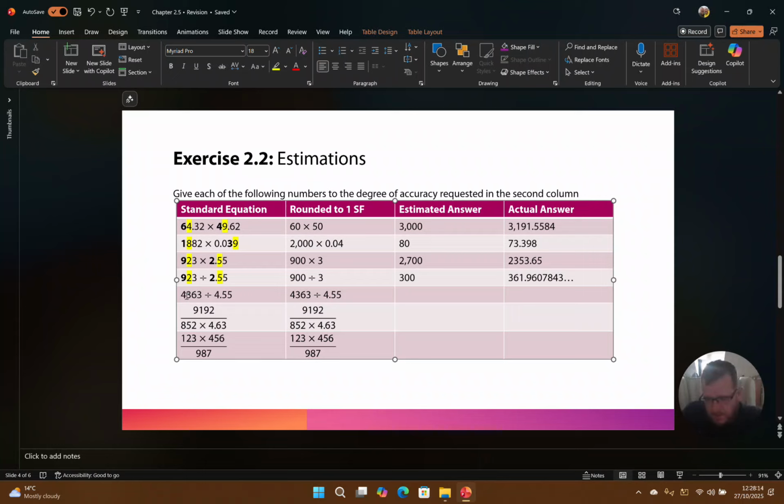The next one is 4,363 divided by 4.55. Well, we have 4,400 and then 4.55 rounded up because it's one significant figure, 5, and that is 880.